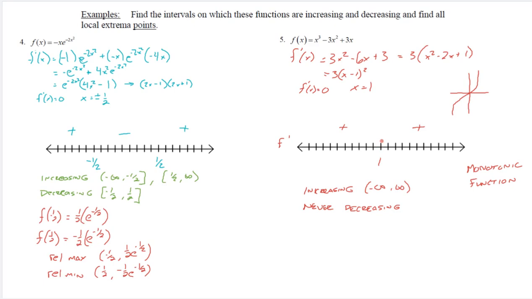The other thing that this means is that we don't have anything that we can use to find a relative minimum or a relative max because it's always going up. So in this case, there's also no relative min or max. Let's clean that up so it actually is readable.